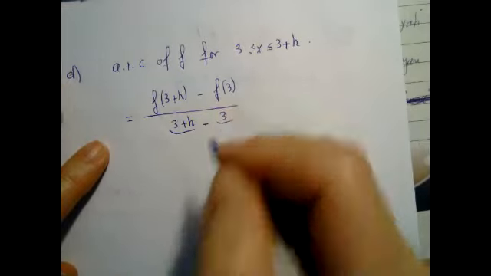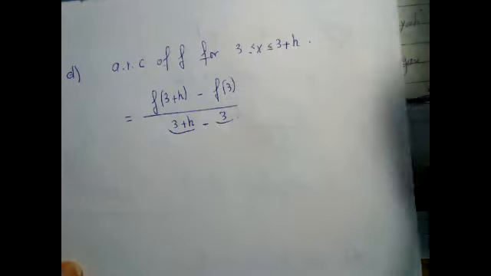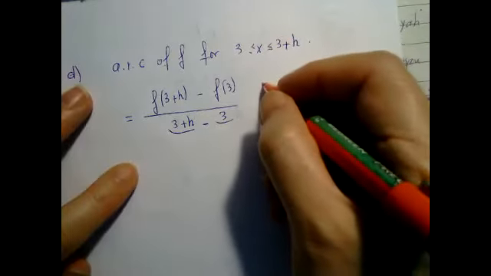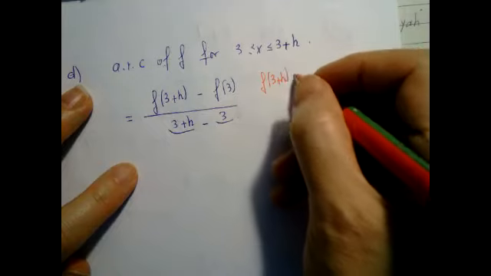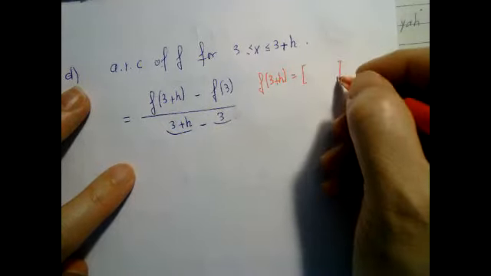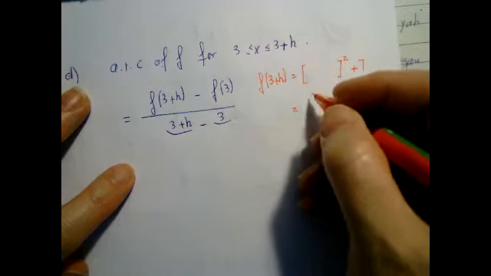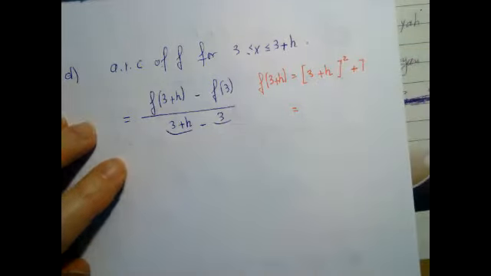minus 3. Okay? So even if you have h, you have t, don't let any of those get in the way. So now let us evaluate each one of them. I'll do it on the side. What's f of 3 plus h? Now the formula is, whatever you give it, square it and add 7 to it. I'm giving it 3 plus h.